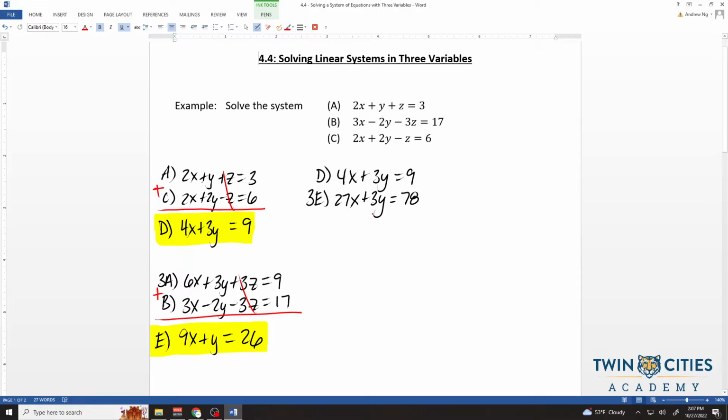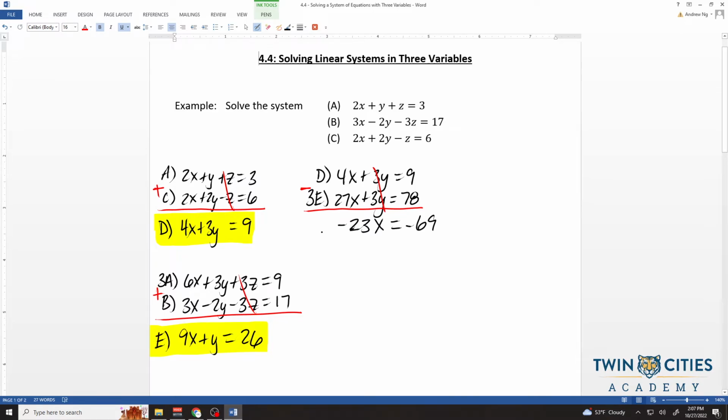Since they're the same sign, plus 3y here, plus 3y here, I'm going to subtract. Same sign, subtract, opposites add. So what's that give me? 4x minus 27x. 4 minus 27 is negative 23. So this is negative 23x is equal to 9 minus 78 is negative 69.